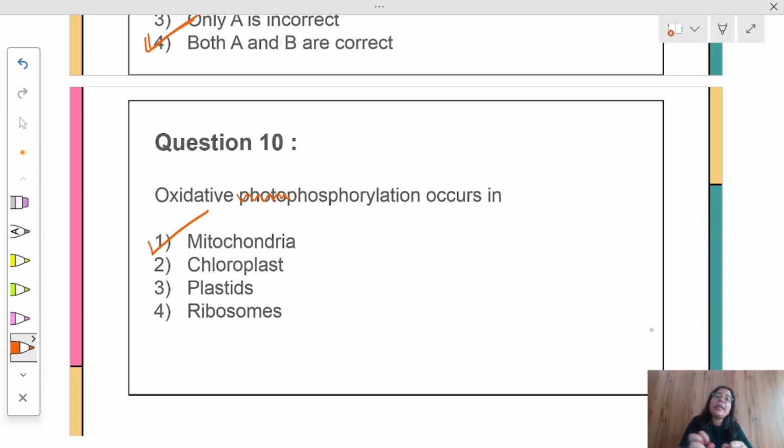If you take light energy and convert that into chemical energy and make ATP, that is called photophosphorylation. So two types of phosphorylation are there. Photophosphorylation occurs mostly in chloroplast, and oxidative phosphorylation occurs in mitochondria. And please remember, it is not oxidative photophosphorylation, it is oxidative phosphorylation.